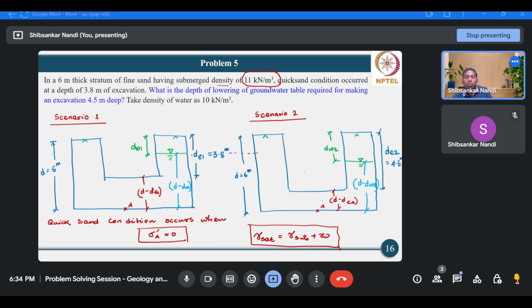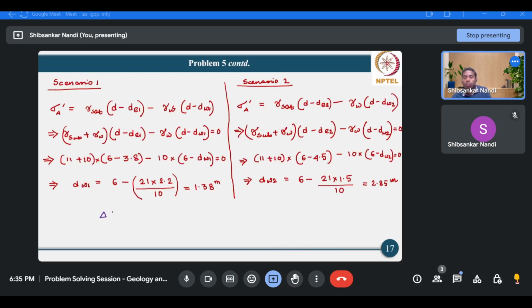This is the lowering, delta dw, which is dw2 minus dw1, that is 2.85 minus 1.38, that is 1.47.